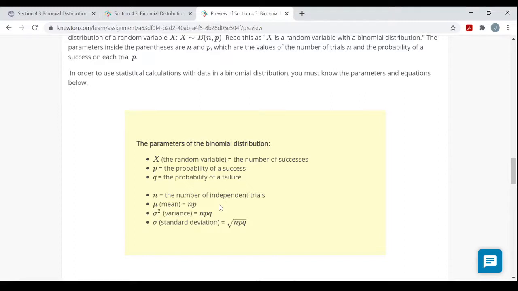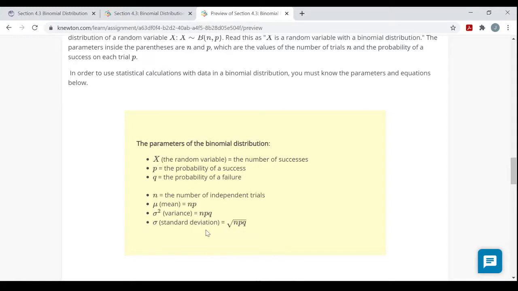Well, when your random variable is a binomial random variable, has a binomial distribution, that simplifies to just the number of trials times the probability of success on each trial. The mean value will be n times p. Simple as that.